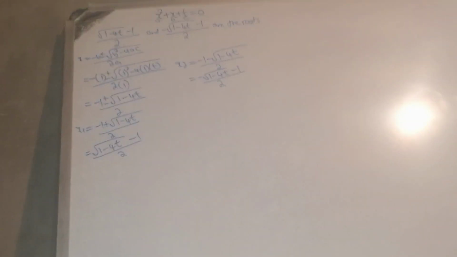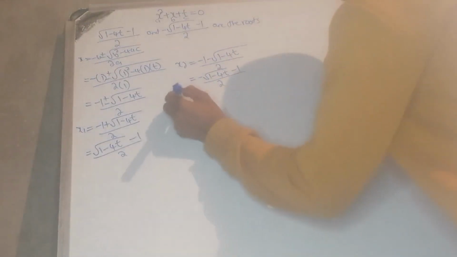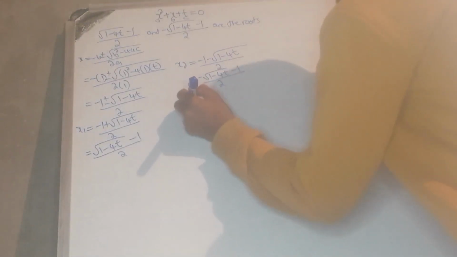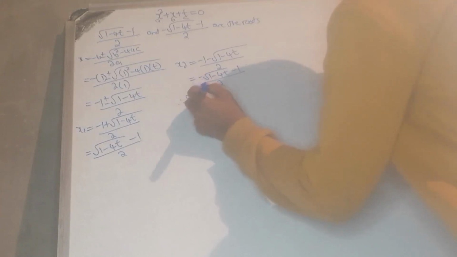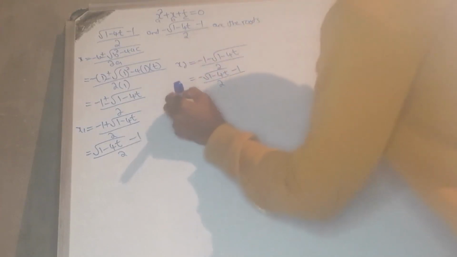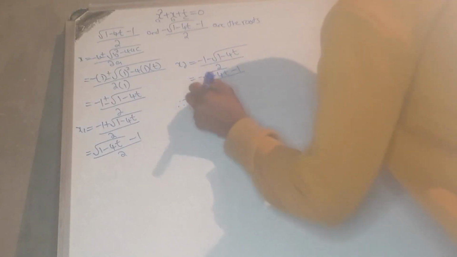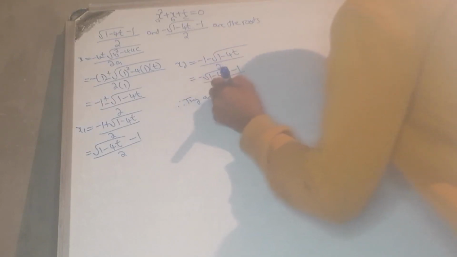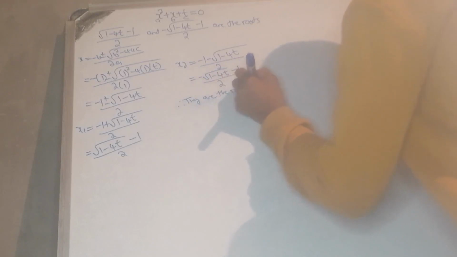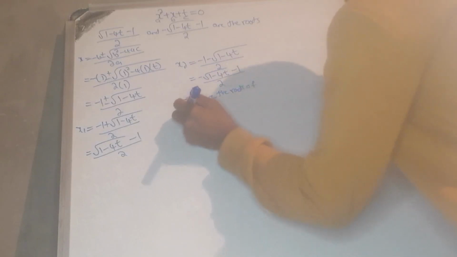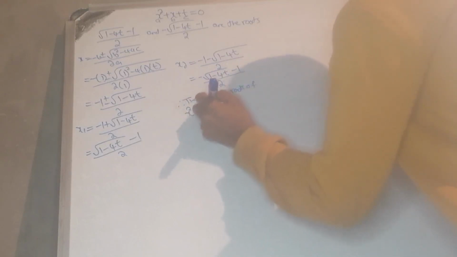Then you will conclude they are the roots of that. Therefore, they are the roots of x squared plus x plus t equals 0.